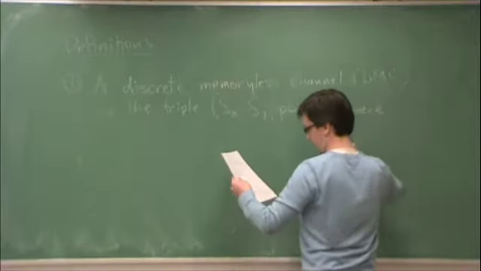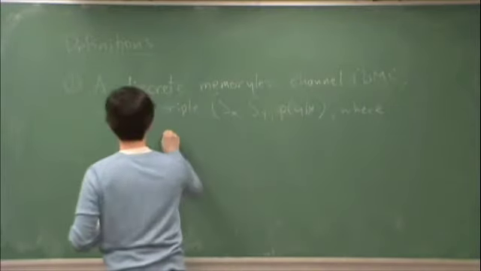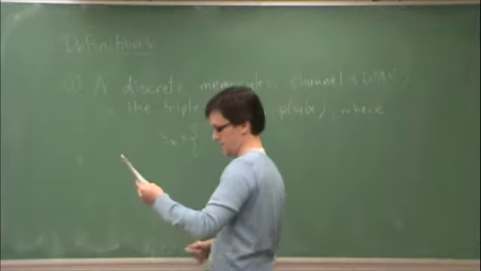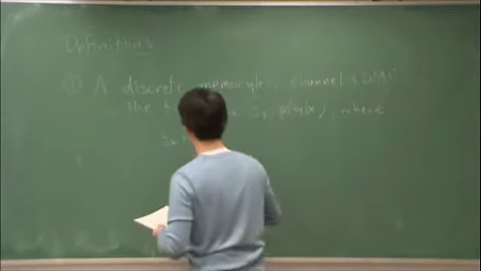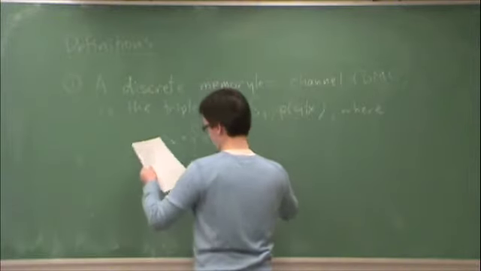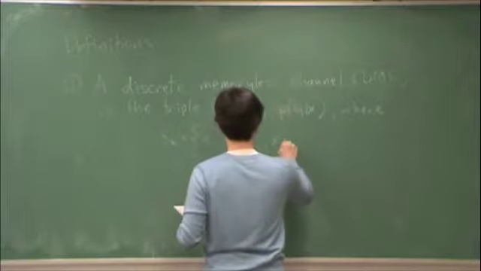Where Sx is the input alphabet. Let's call that the possible input letters x1, x2, and so on up to xm.